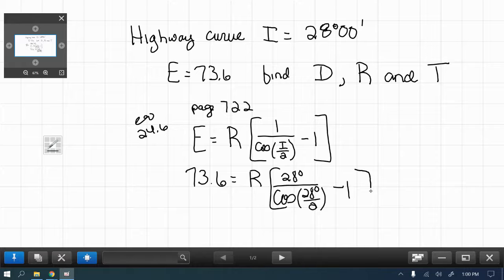And then minus 1. I'm going to go ahead and solve for this side first. 28 degrees.